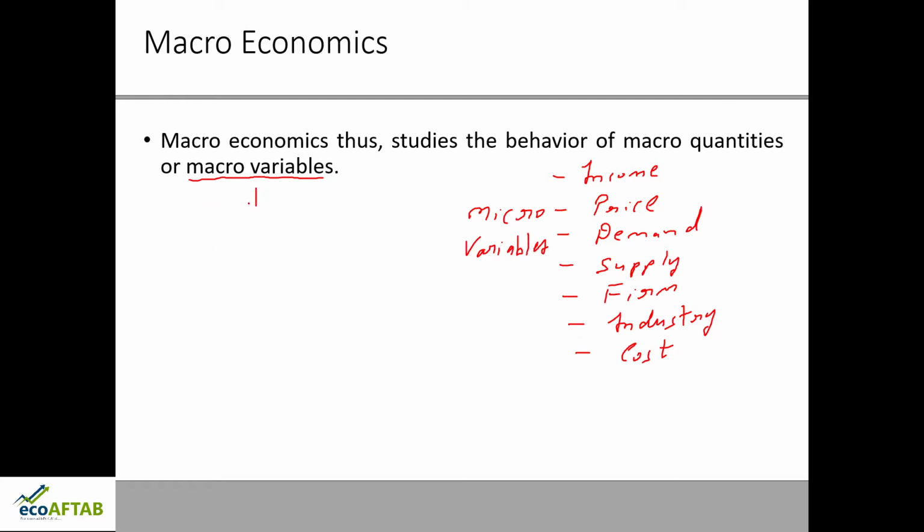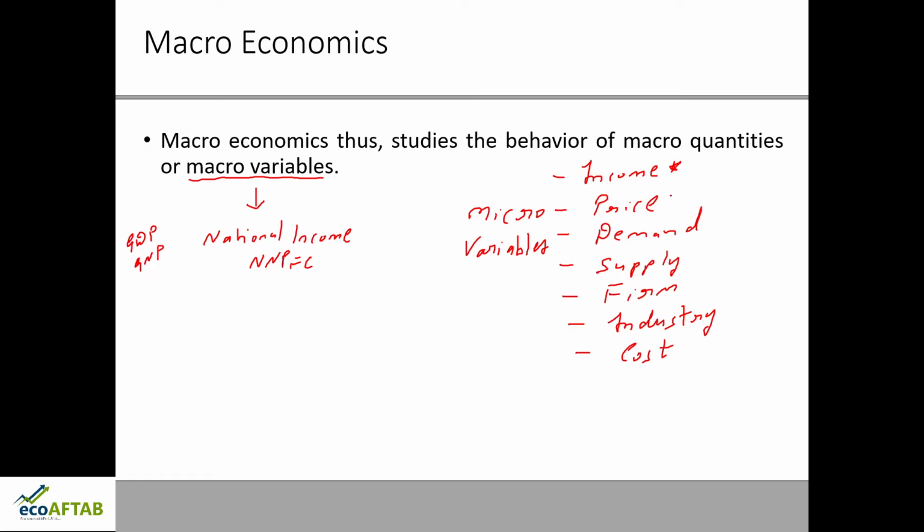Now when you speak about macro variables, here we speak about the income of all the individuals. So it becomes national income, also called NNP at factor cost. Here we study the different aspects of national income such as GDP, GNP, NDP, NNP.